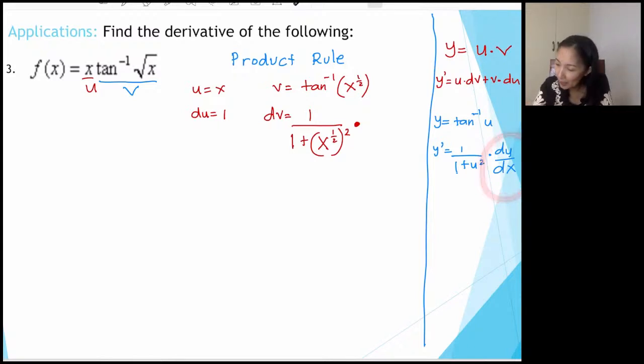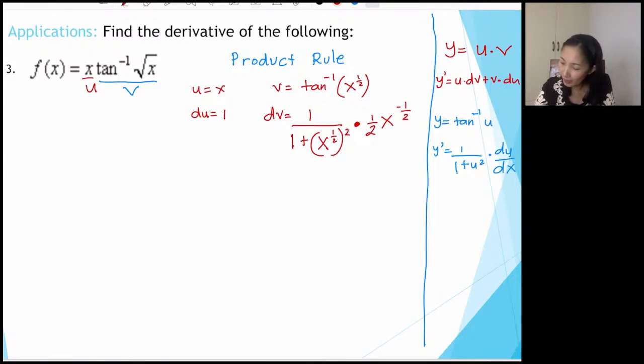So times, applying power rule, derivative of x raised to 1/2 is 1/2 x raised to negative 1/2.